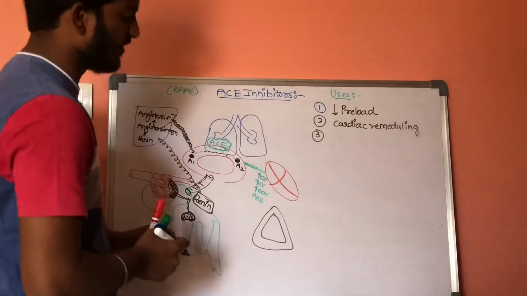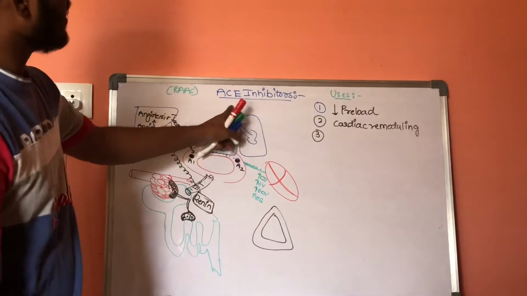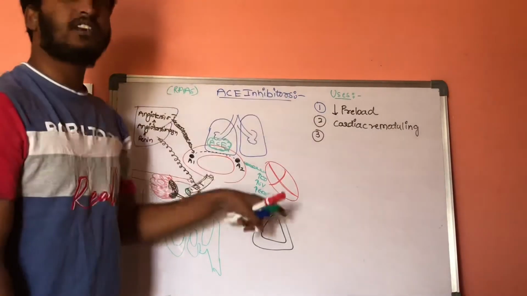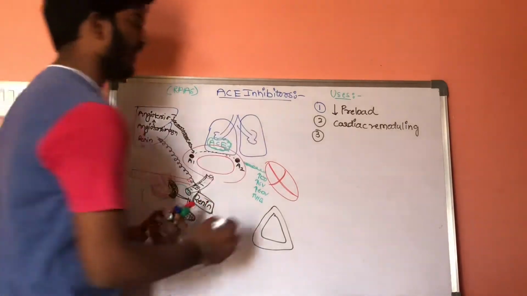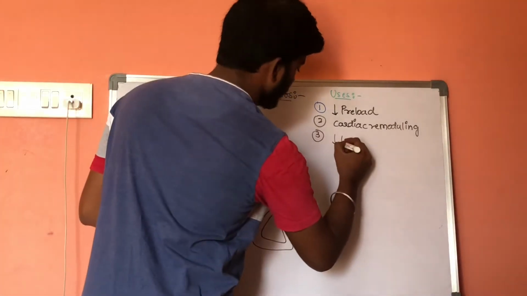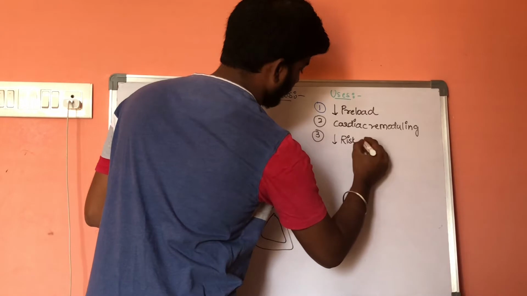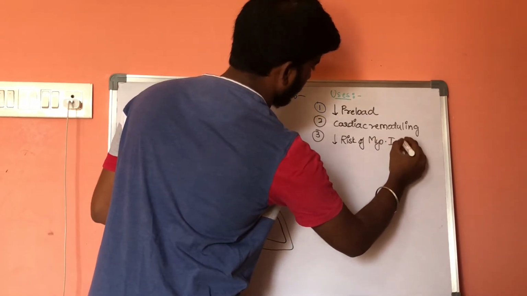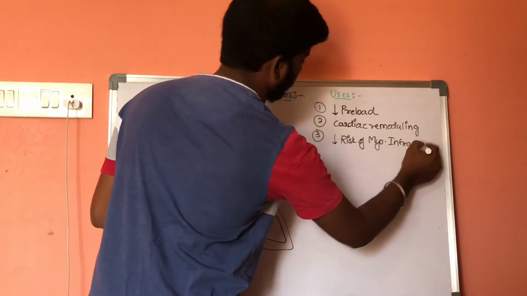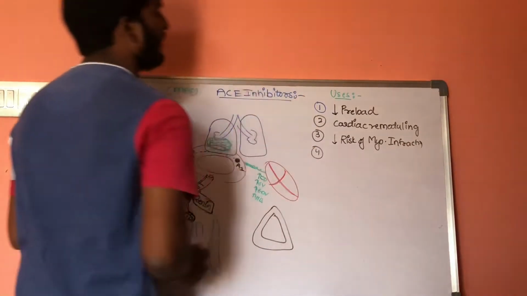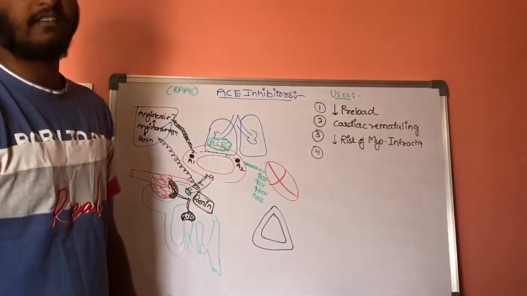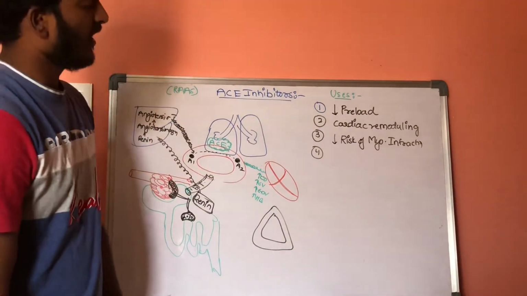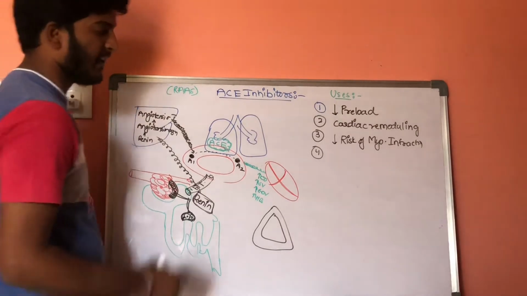And third, whenever these angiotensin converting enzyme inhibitors are given, it will decrease the risk of myocardial infarction. And these inhibitors can also be given as antihypertensive drugs.